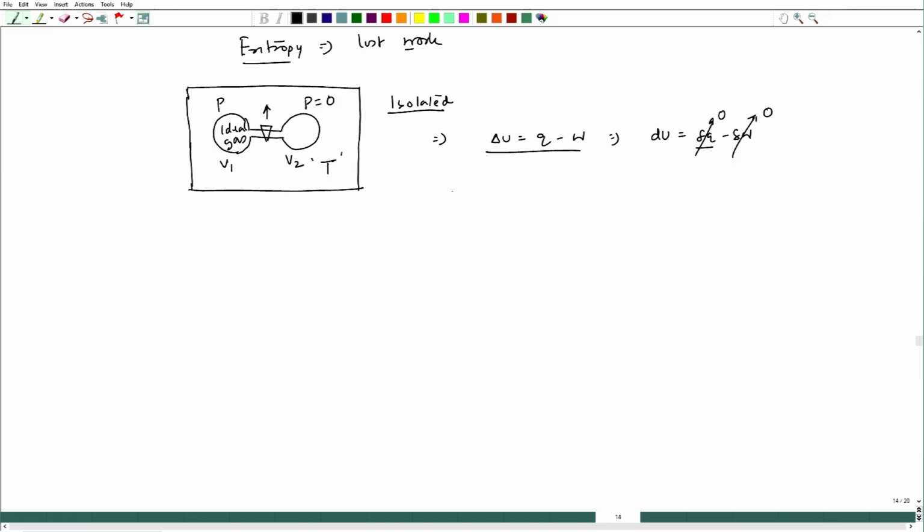Why? Because the gas is expanding under 0 pressure. If I consider P dV, P is 0, so it should be 0. So the work component is also 0. Then dU equal to 0. That means it is an isothermal process.